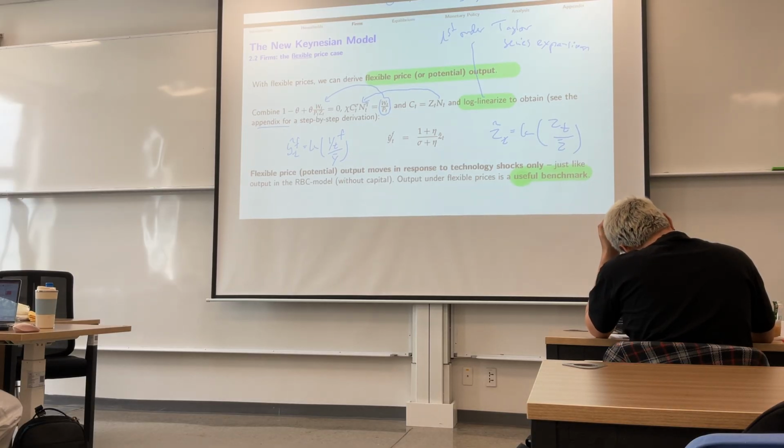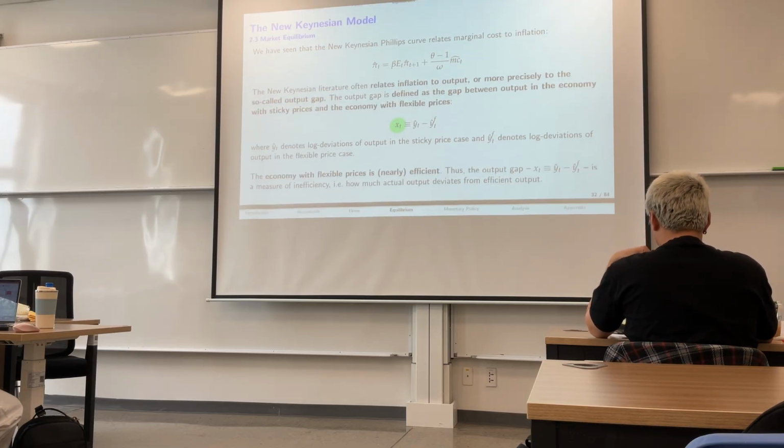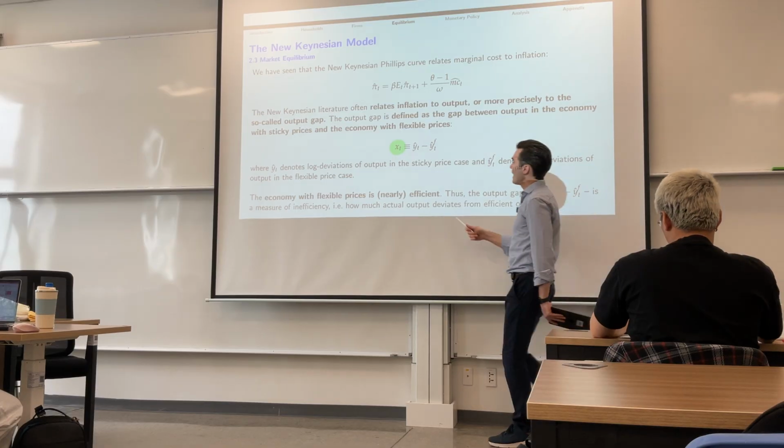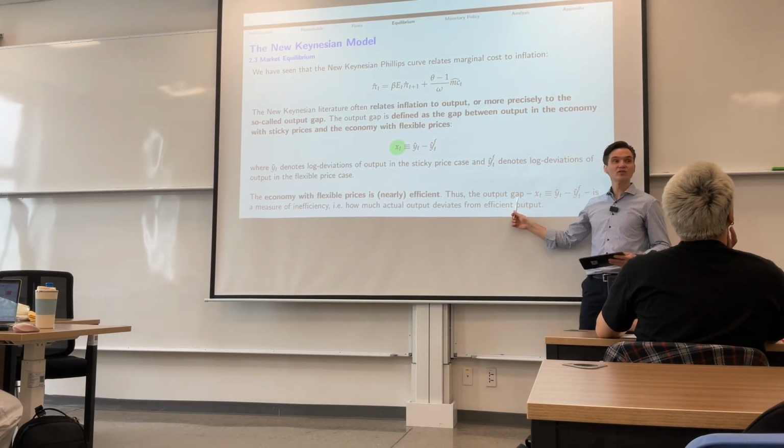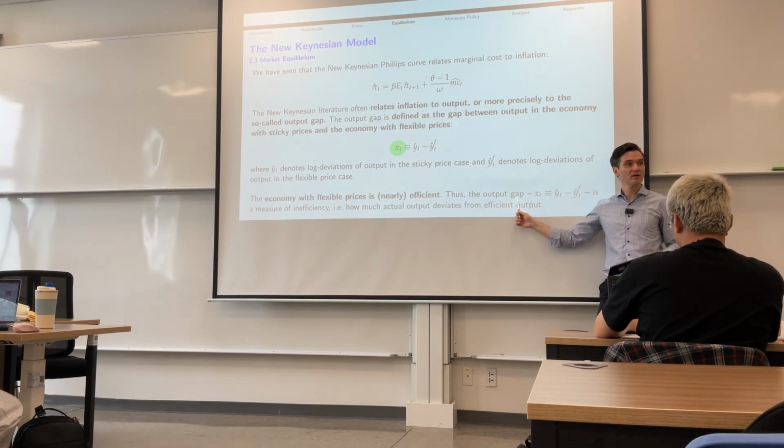So it's welfare maximizing, write this down. Any level different from YF is not welfare maximizing. So the output gap is a measure of the inefficiency by which the economy works.